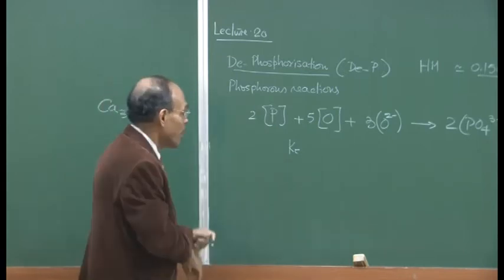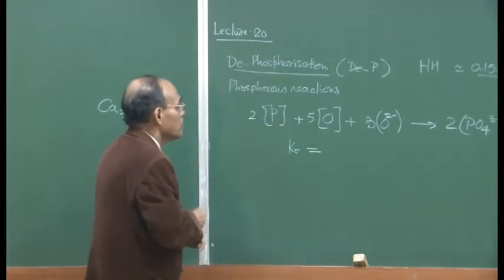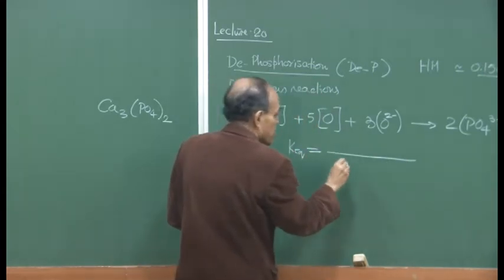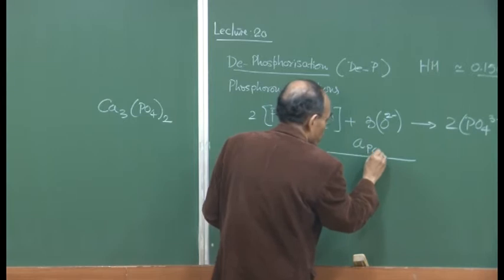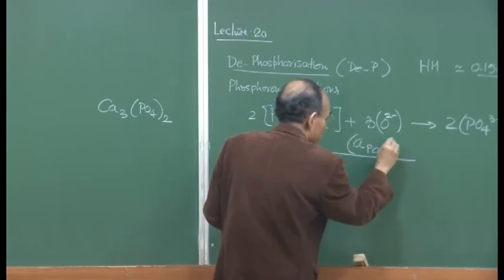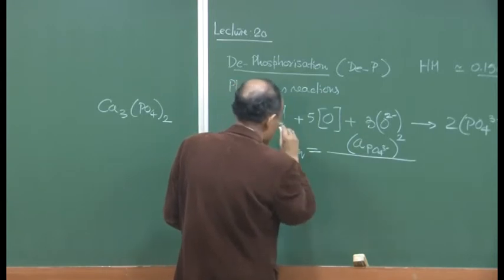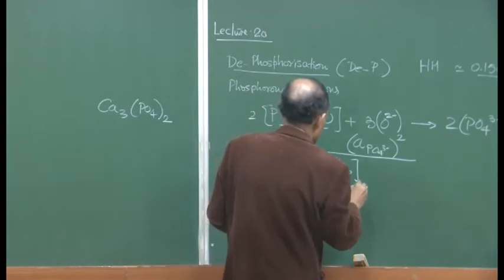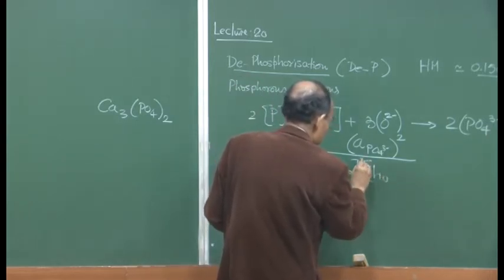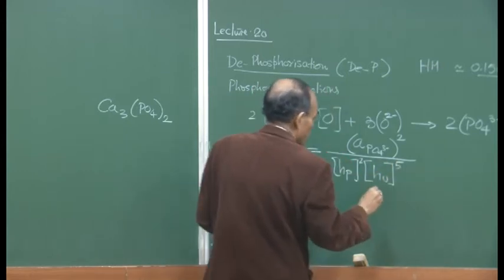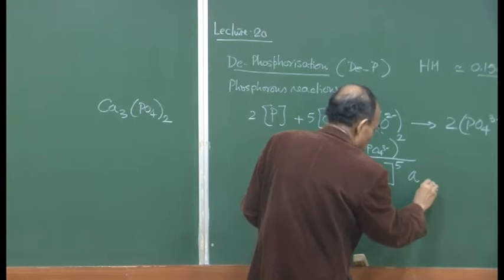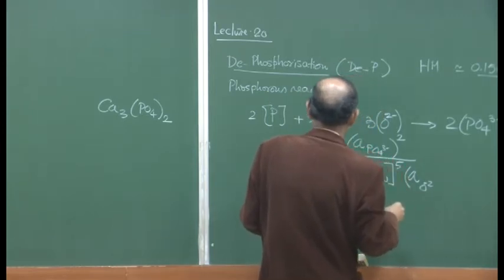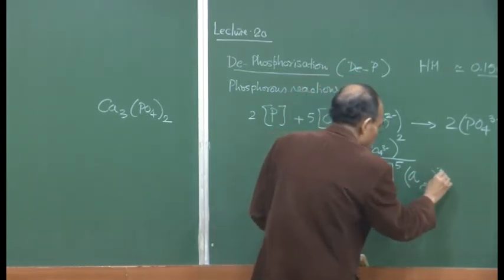Should there be slag-metal equilibrium, with respect to phosphorus and oxygen content, we can write the equilibrium constant K as equal to the activity of phosphate ion PO4 3 minus in the slag raised to the power 2, divided by the Henrian activity of phosphorus in the metal, squared, and the Henrian activity of oxygen, cubed, on the percentage scale.